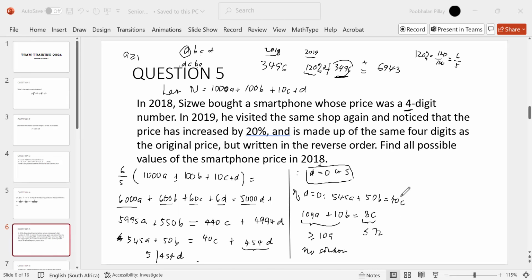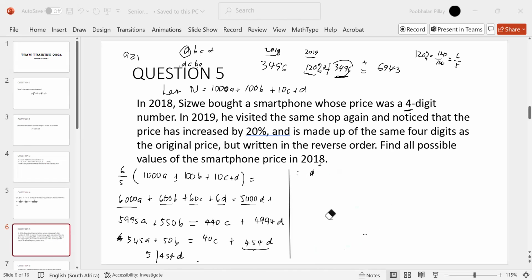All right, so let's now go to D equals 5. I'm going to rub this out. So now we have D equal to 5. Now that's very nice.